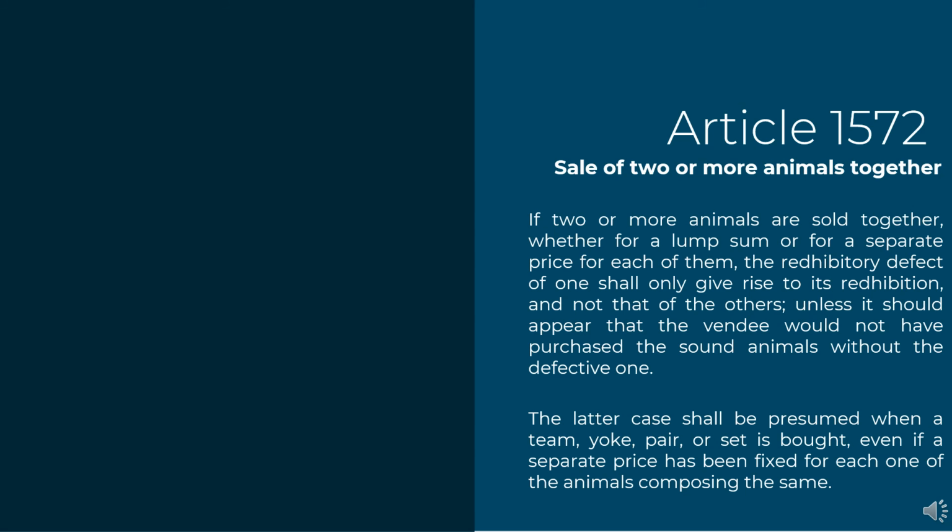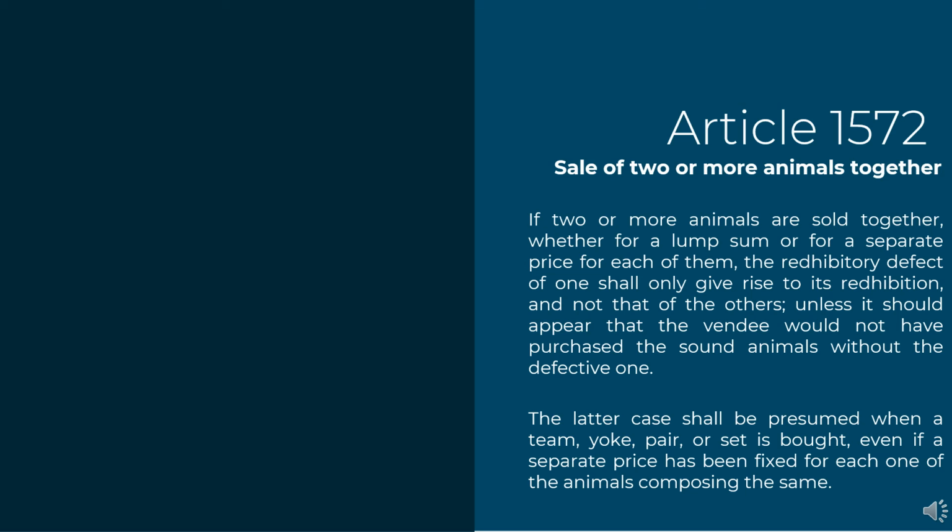Now, on to our last article for my report, Article 1572, which tackles about the sale of 2 or more animals together. The provision goes, if 2 or more animals are sold together, whether for a lump sum or for a separate price for each of them, the redhibitory defect of one shall only give rise to its redhibition and not that of others, unless it should appear that the vendee would not have purchased the sound animal or animals without the defective one.